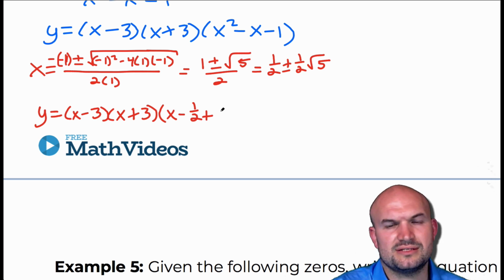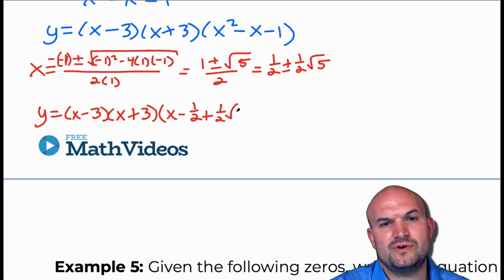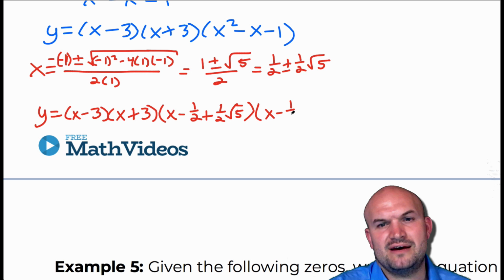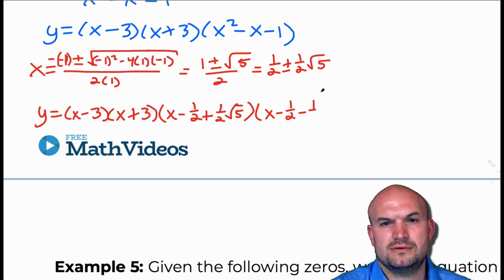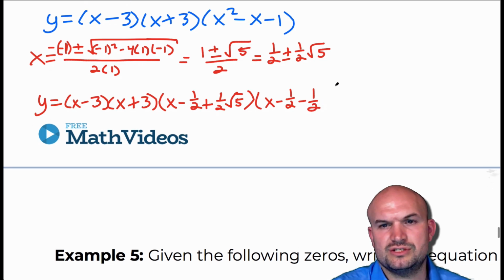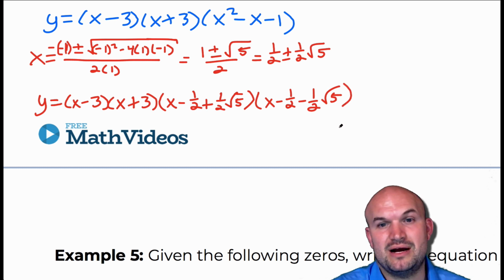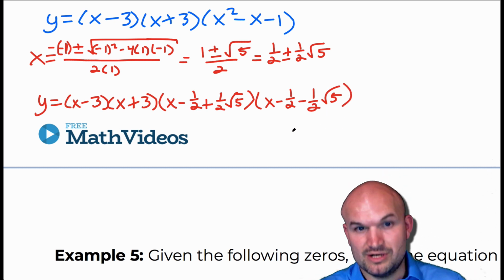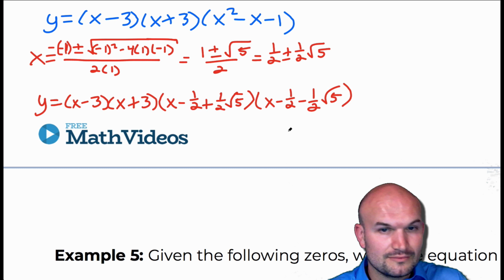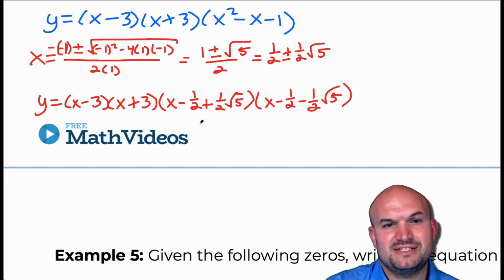Okay, so plus 1/2 square root of 5, and then x minus 1/2 minus 1/2 square root of 5. That is a messy problem, but that's okay. That works.